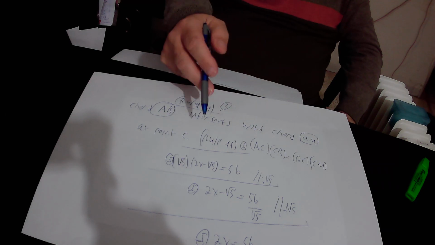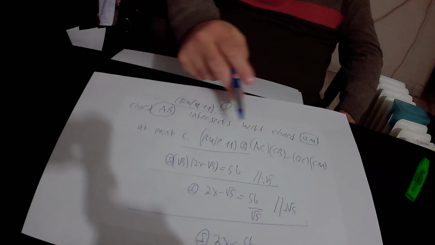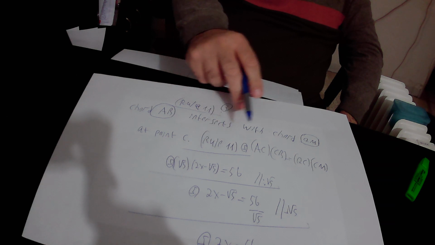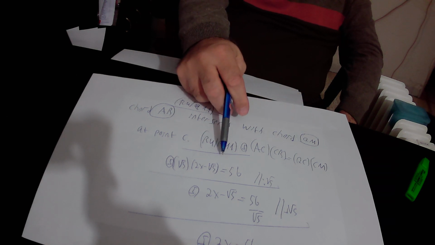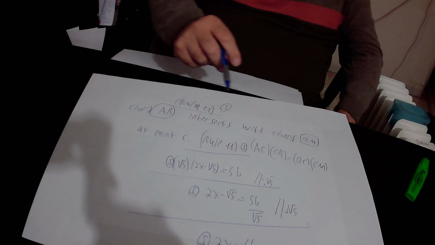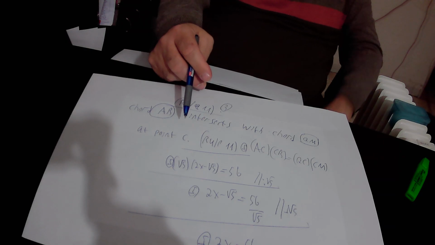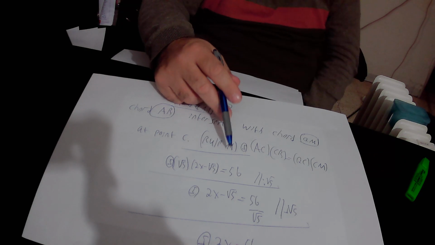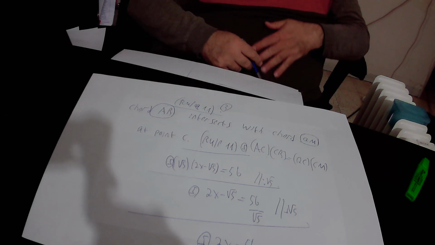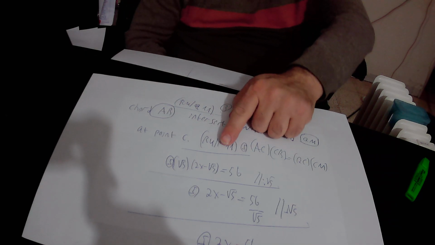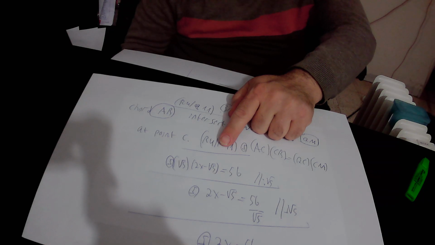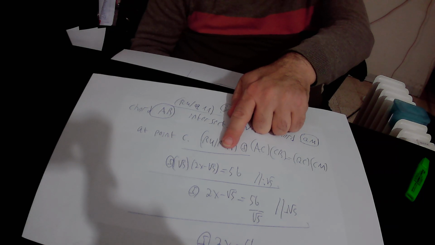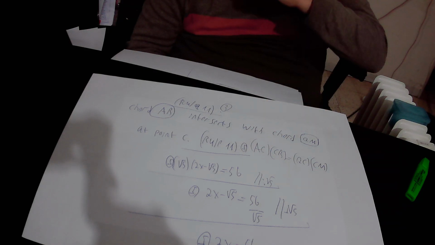AC is A, and A equals the square root of 5. CB is 2x minus the square root of 5. And it equals QC, that is 5, times CM, that is b. So in conclusion, according to equation number 1, the square root of 5 times 2x minus the square root of 5 equals 5b. Here we divided equation number 1 by the square root of 5, and finally we found out that 2x minus the square root of 5 equals 5b over the square root of 5.